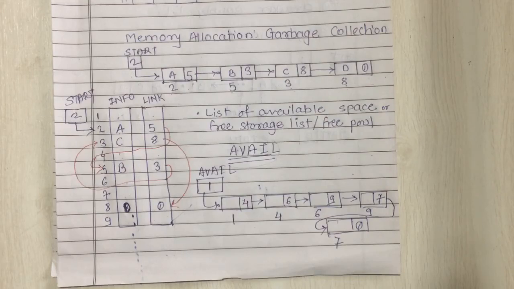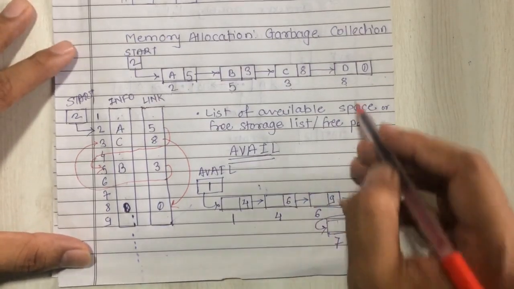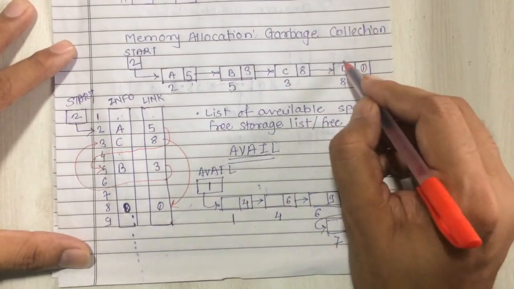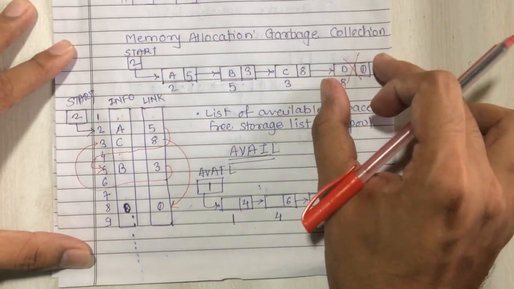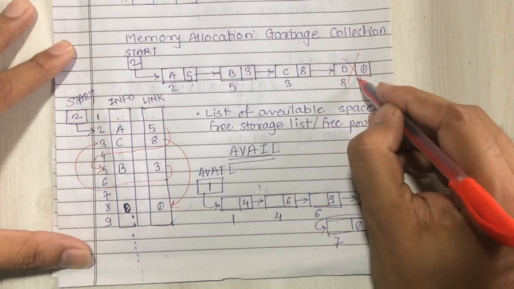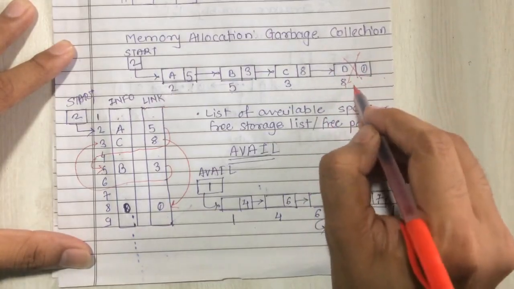So suppose now we delete one node from the linked list, for example. Just consider we want to delete one node from this, then what do we have to do? I will delete this one. When I delete this node it gets freed, and this free node we have to collect, as we have deleted it, which means it is unused.